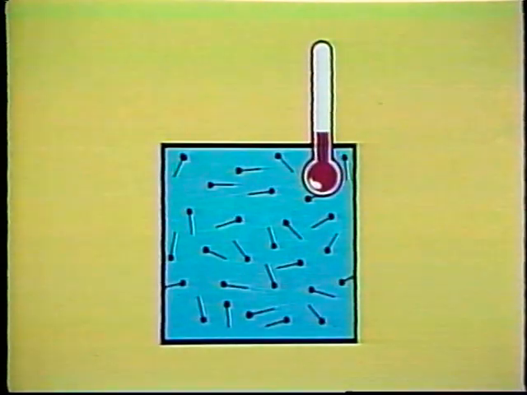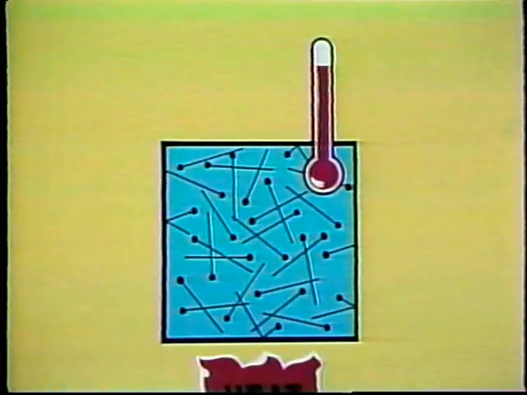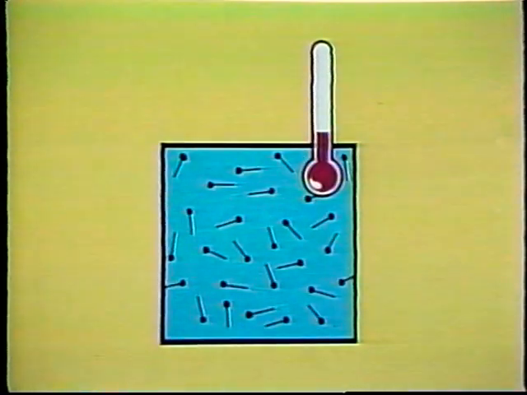The faster the movement, the hotter the liquid. In a gas, the molecules are already darting about in all directions. But as this activity increases, the temperature rises. And as it decreases, the temperature goes down.